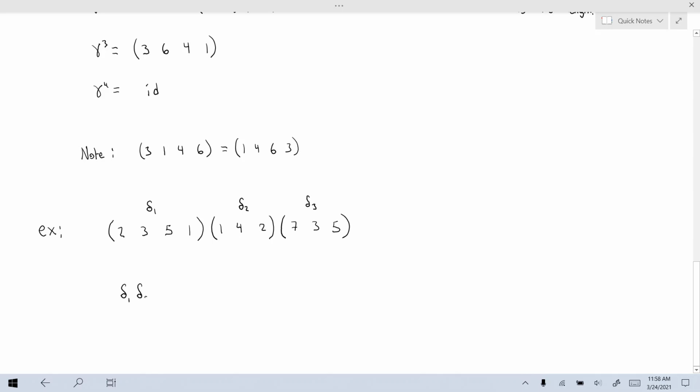So I want to express the composition or the product of these three permutations, and I want to express it in terms of cycles. So how would I do that? Okay, so what you can do is pick any number.